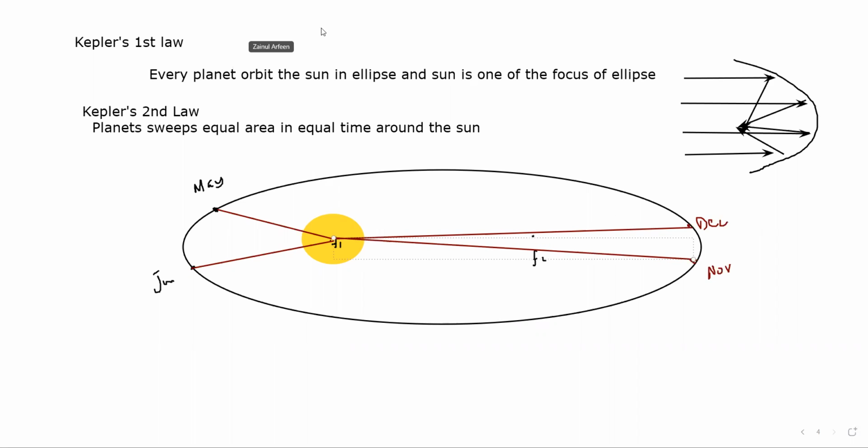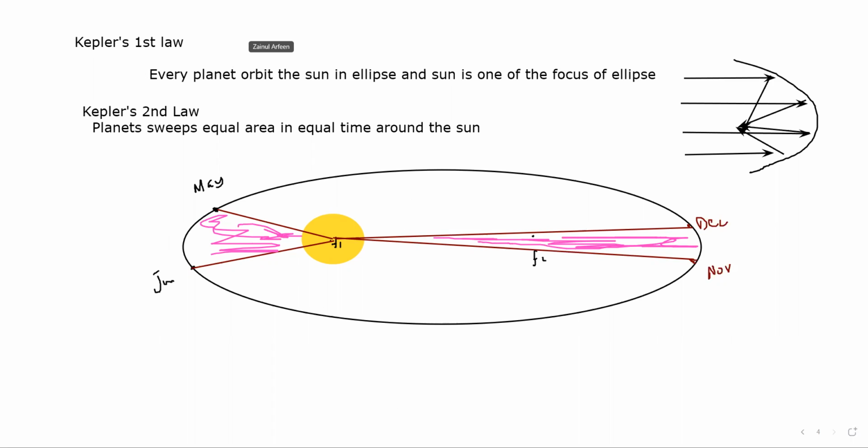It means these two will have the same areas. The area of this part will be equal to the area of the other part within a month. This part has a greater height and smaller width, this has a greater width and smaller height, but the total areas are the same.